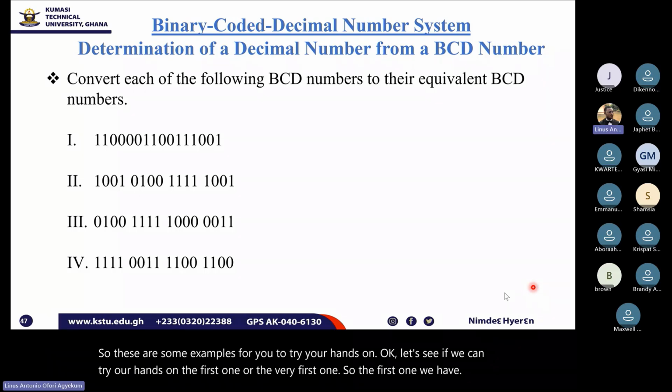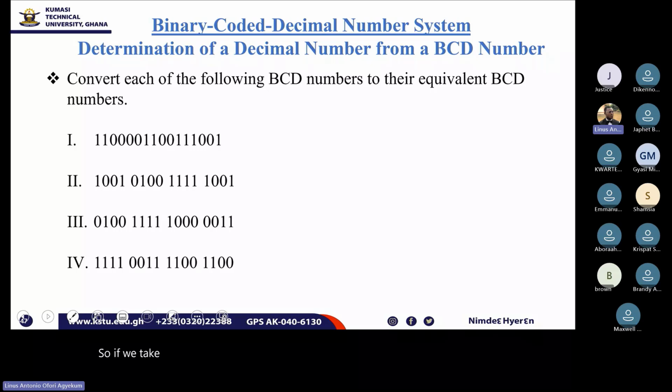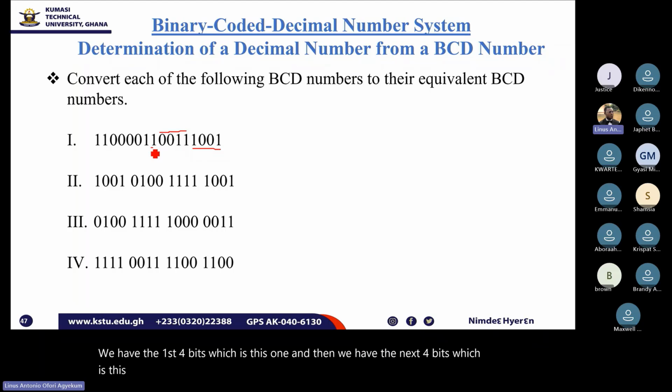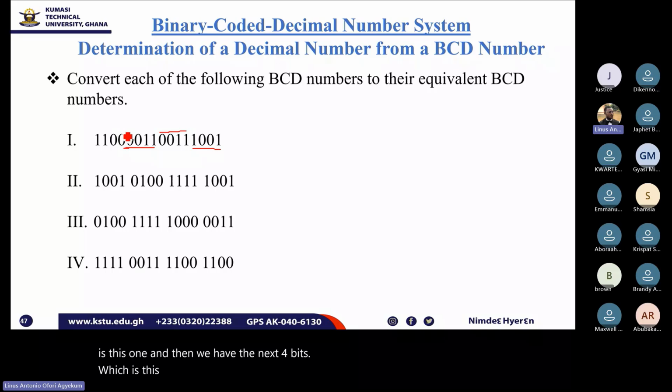If we take the first one, we have the first 4 bits, which is this one. And then we have the next 4 bits, which is this one. And then the next 4 bits, and then the next 4 bits.